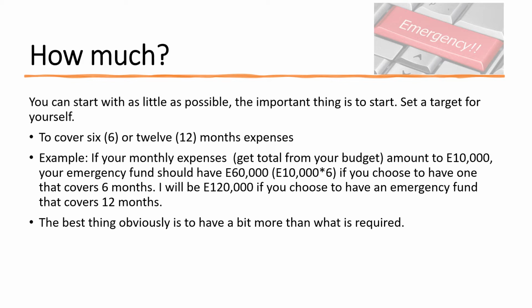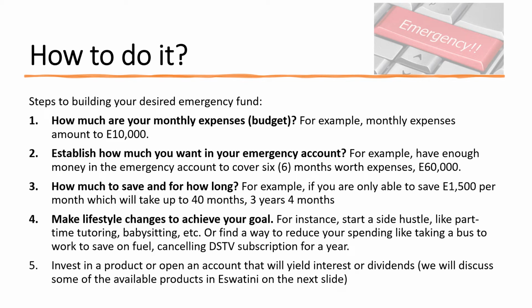You times that by 6 if you decide to have an emergency account that covers 6 months of expenses, and you have 60,000 emalangeni in your emergency fund. You might think, how am I going to have 60,000 emalangeni? The lump sum can just look like an impossible amount.